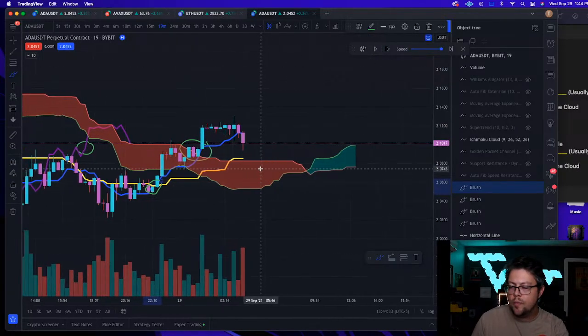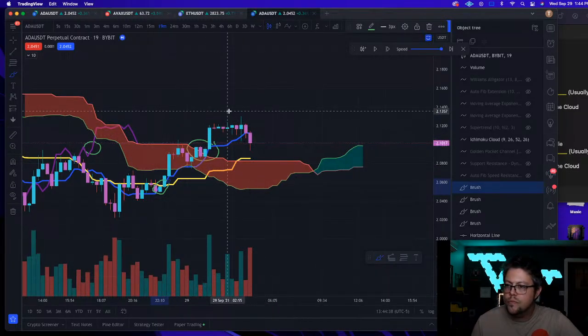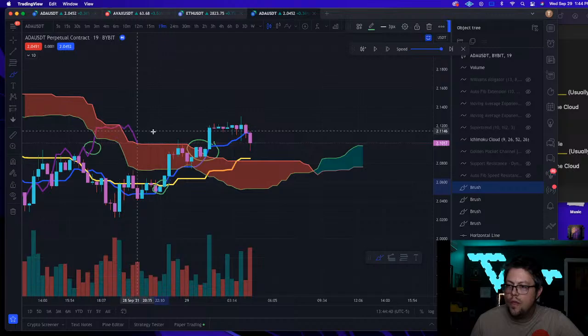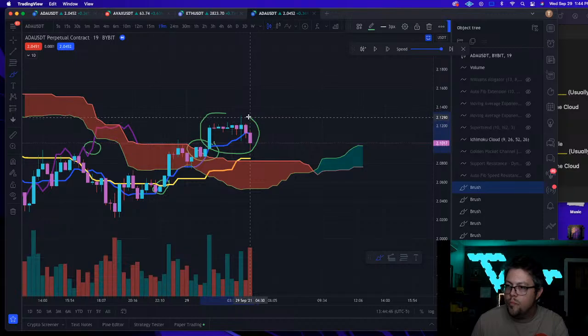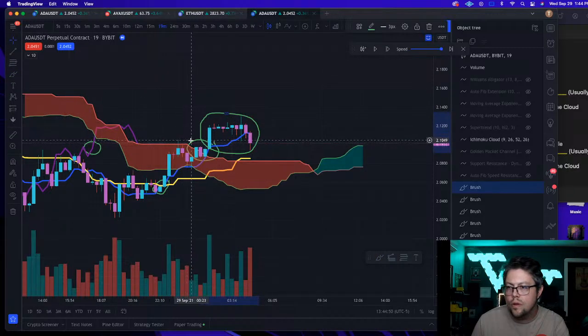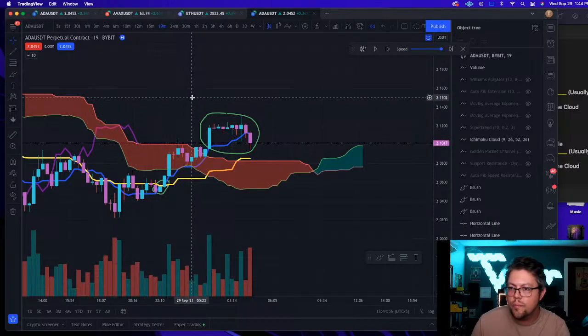Okay, so we got that price action outside of the cloud like this. So one might think maybe it is time to bail out. So we got this here. Big price action happening there. And then this guy does actually bust out.